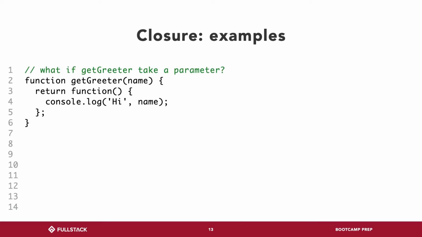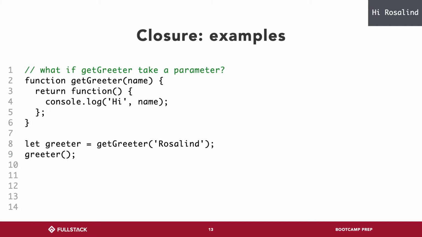And what if getGreeter takes a parameter? It's the same thing. I showed you this in the REPL. It is the same thing as saying let name equal Rosalind. However, the name is declared as the parameter of the outer function. And when you pass in Rosalind when you call getGreeter, that name is now defined as Rosalind.